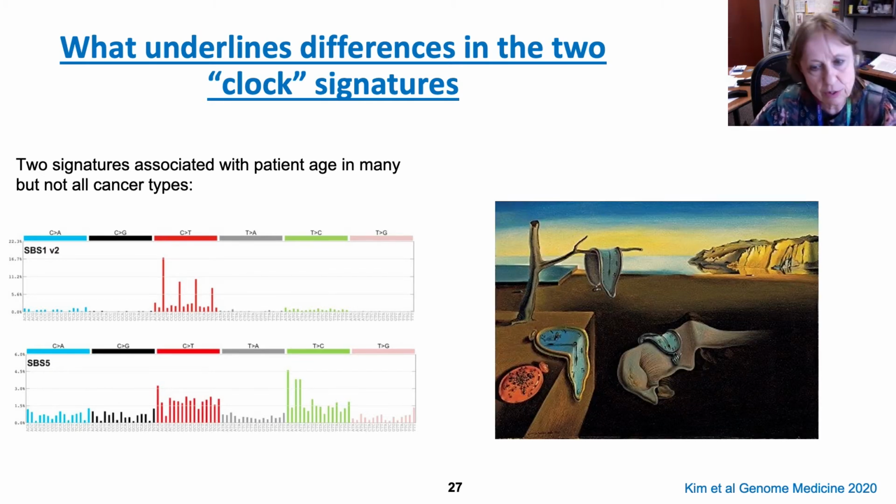So if these two signatures are indeed clock-like, they will have to be ticking to different clocks. And I would like to understand what is the difference between these clocks. What are the two different time-related processes that are not necessarily all that synchronized between each other?